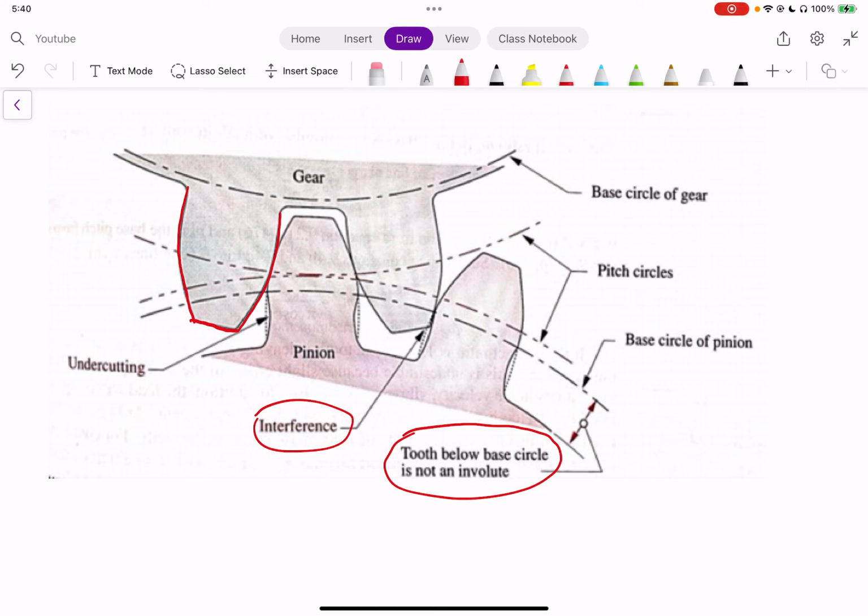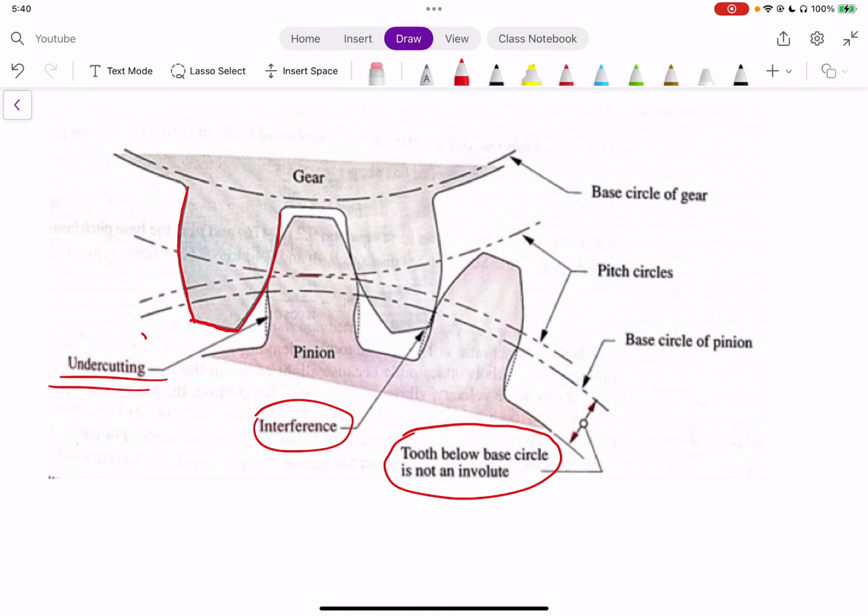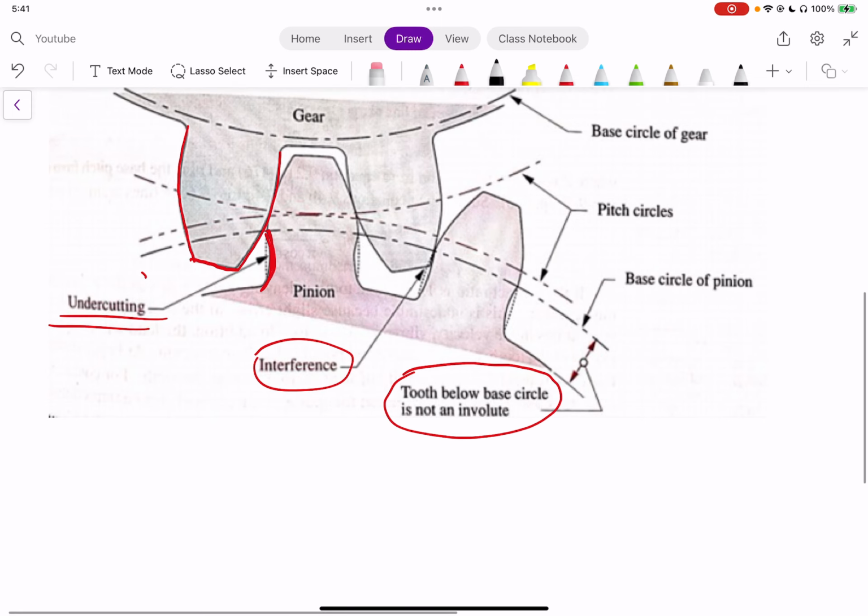So what we can do is undercut, so it's noted here on the left side, we have undercutting. We can undercut this piece so that it gets cut up so that it fits the gear above. So let's look at some ways in which we can solve this problem. We already talked about one. So one way is to undercut.